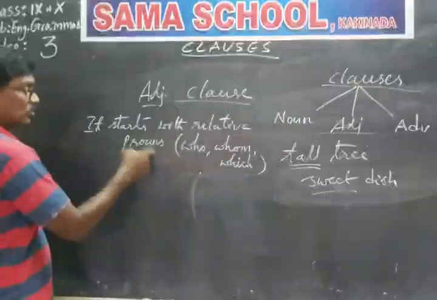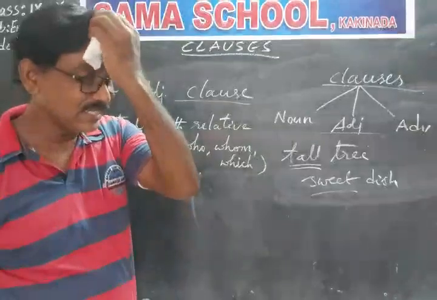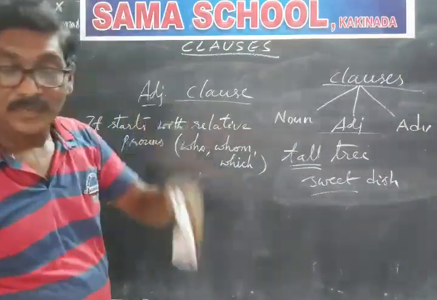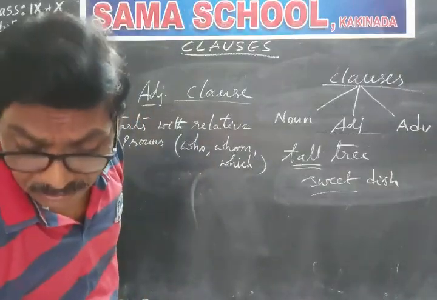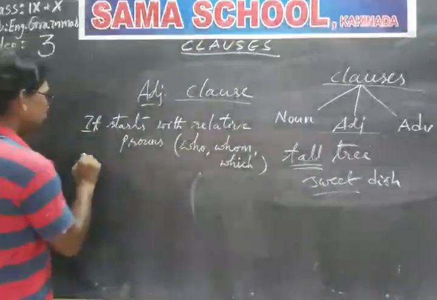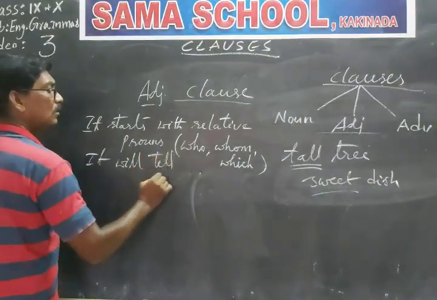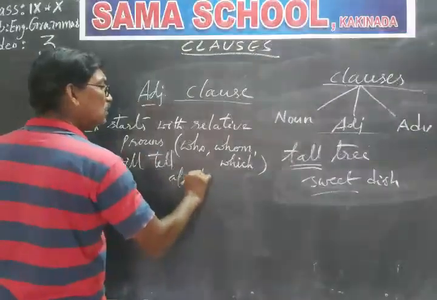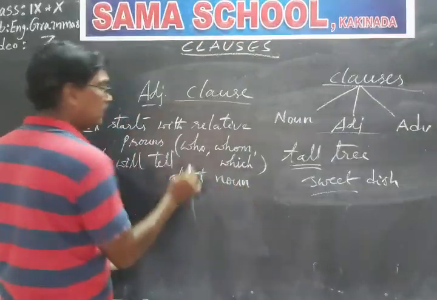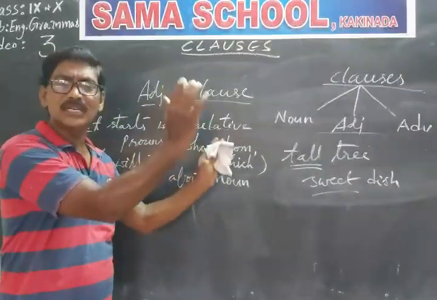These are the relative pronouns with which this adjective clause starts. And the second thing is, it will tell us something about the noun only, and it does not specify anything except speaking about the noun.